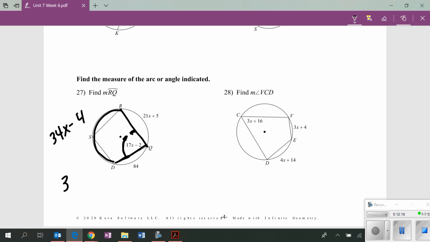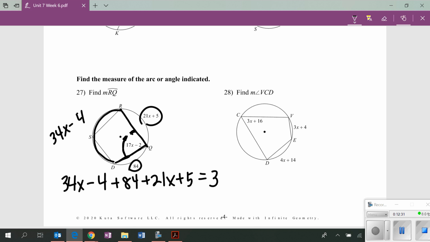So I just take my 34x minus 4 plus the 84 plus my 21x plus 5, and I know that has to equal 360. Okay, simple algebra here. We're going to combine like terms. 21 with 34, I've got 55x. I've got minus 4 plus 84 plus 5 to get positive 85 equals 360.